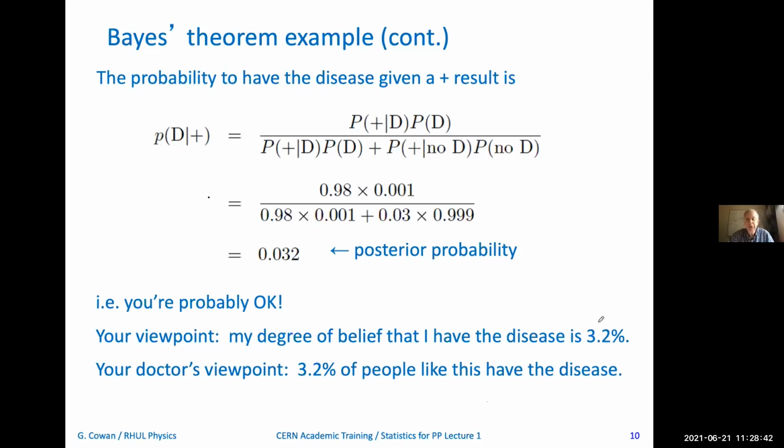Well, then it would be 3.2%. On the other hand, your doctor's viewpoint is that he or she looks at a large number of people, and they would simply say that, well, the fraction of people in that circumstance who get the positive test result, 3.2% of those people will have the disease. Right? So Bayes' theorem holds regardless of the interpretation.